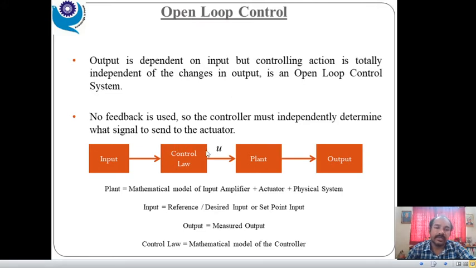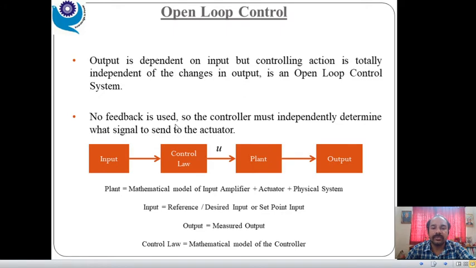The control logic or control law processes it, gives the input to the actual system, the system sees that input, processes it and gives the output. That's it. Fine. There is no feedback at all in this one. So that's why it is a simple open loop control system.